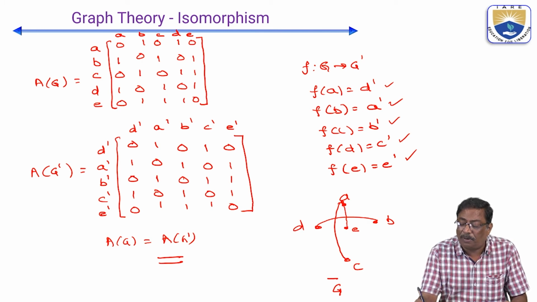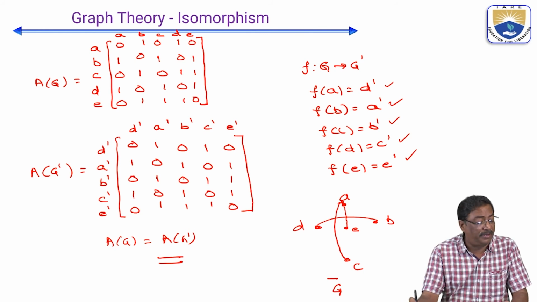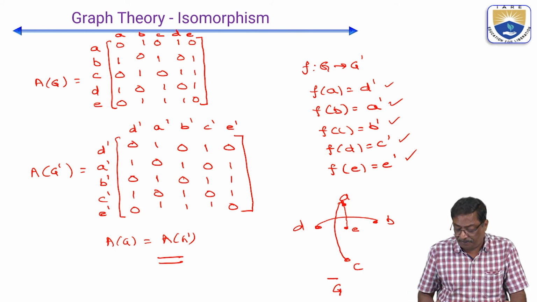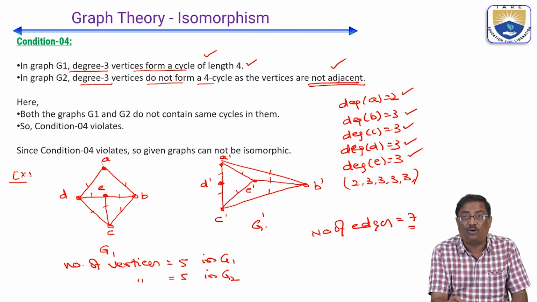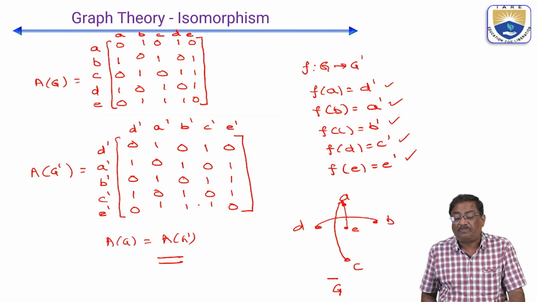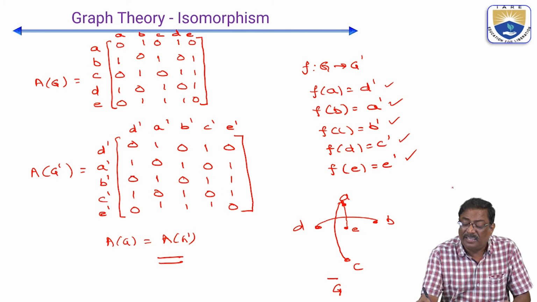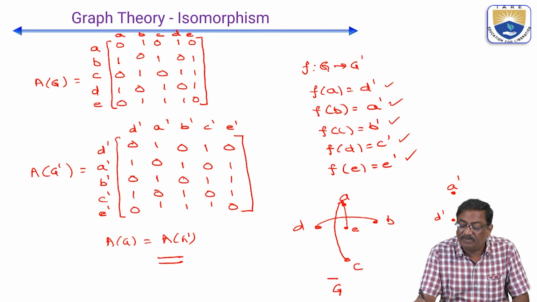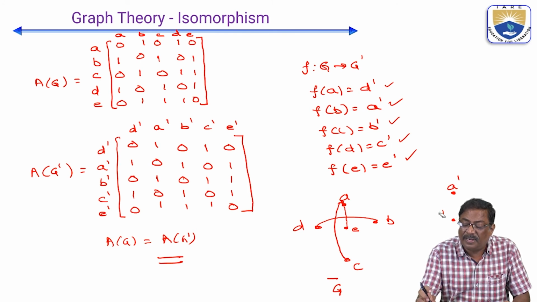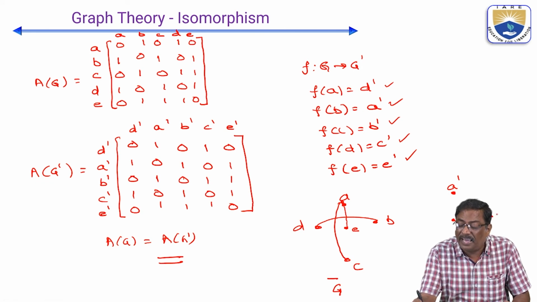Now we take the complement of G dash. Here, from A dash, observe that A dash to B dash, D dash, and E dash edges are there, but A to C there is no direct edge, so I am going to connect A to C. Here A dash, next D dash, next C dash, and another one E dash, and another one B dash.